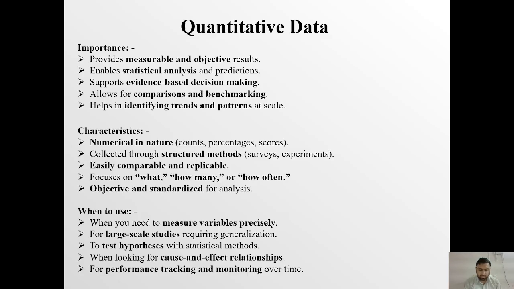Now the analysis techniques for this quantitative data are descriptive stats, regression, time series, ANOVA, cluster analysis. Quantitative data is powerful, but it misses the why. It can oversimplify human behavior.